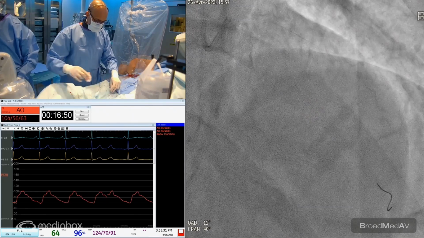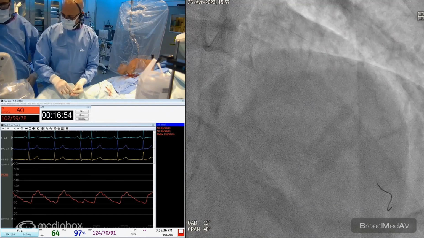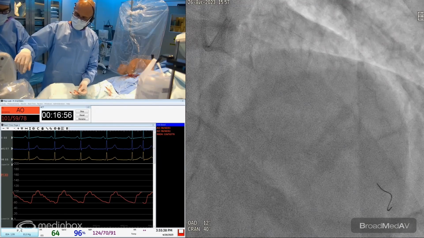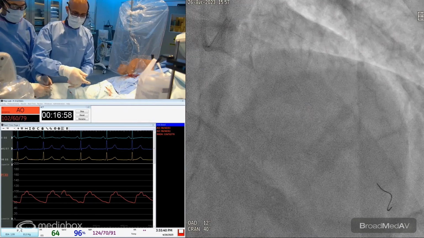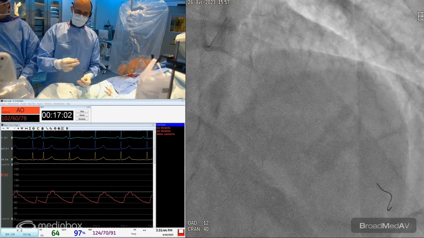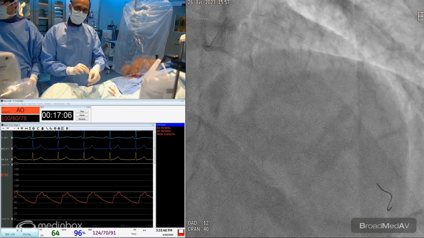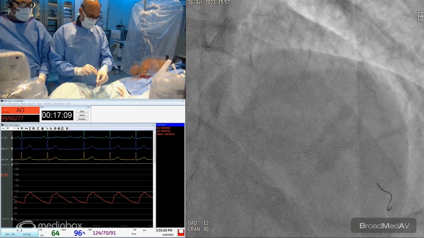It's recommended to loop your wire so you have full control. I prefer to use the one-man technique when doing my atherectomies. That way I have full control. Let's start the flush, on flush. As you can see, the diamond burr, where you can perform antegrade and retrograde sanding.